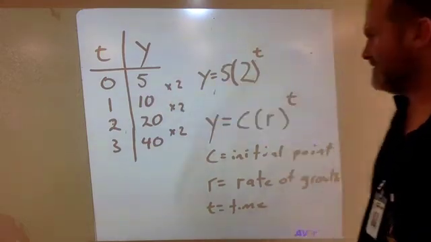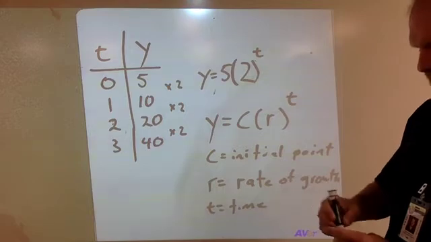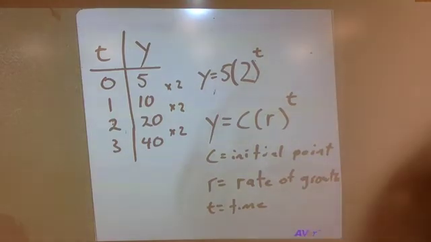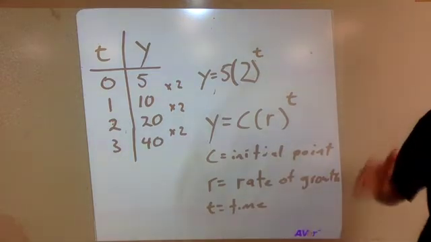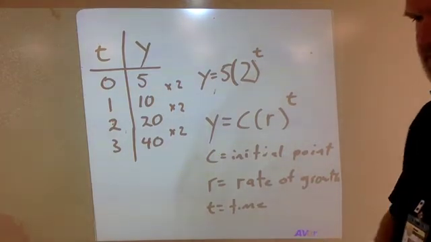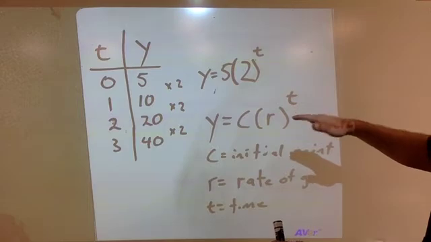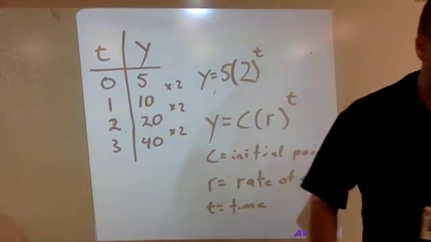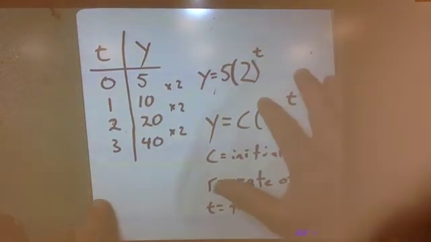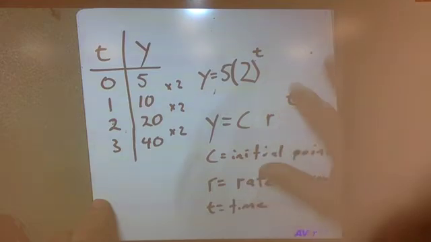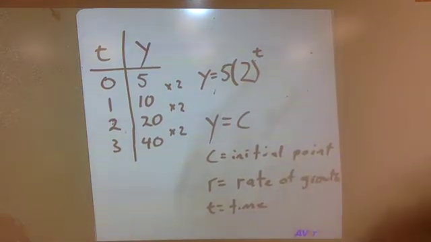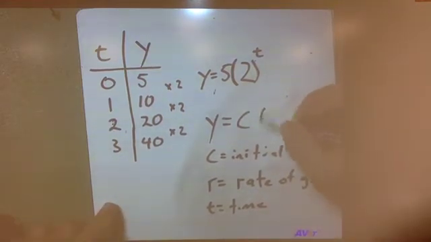It doubled. Well, maybe that's not a good way to explain it. Let me just tell you for now, for today, and I'll explain it better as the week goes along, because this is a complicated part. For now, I'm just going to tell you this equation has one little change to it. It's actually 1 plus r, not just r. All right, so it's c times 1 plus r to the t power.